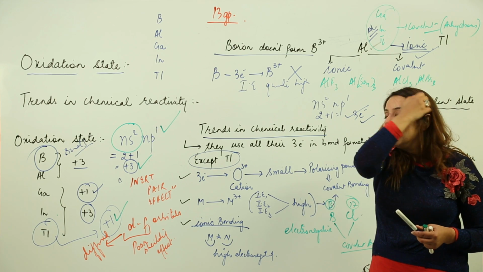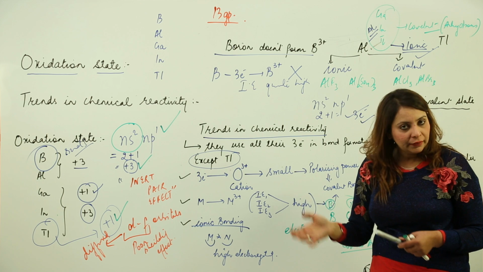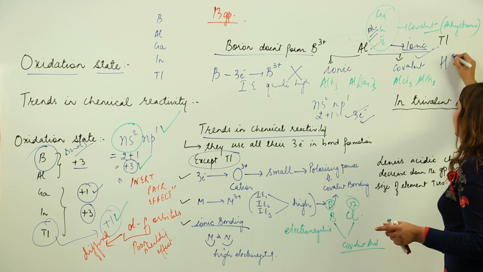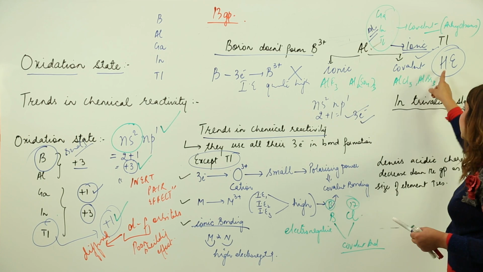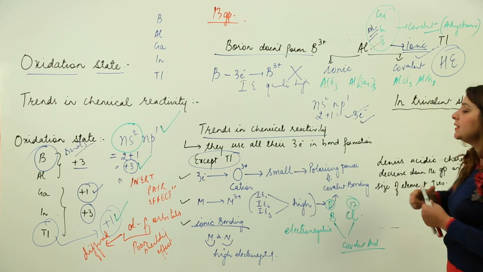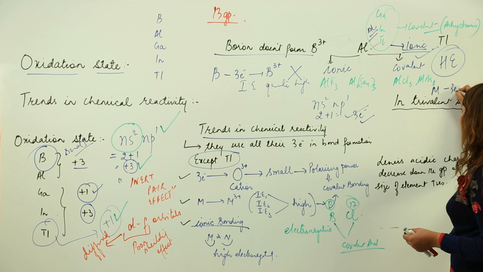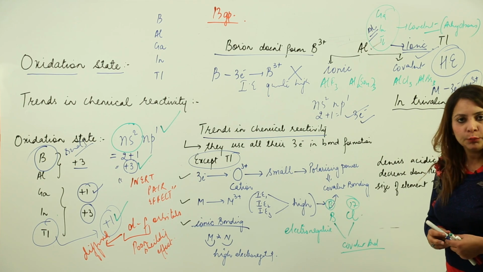So when we conduct the reaction in solution, they get hydrated to a great extent, and so they release more hydration energy. This energy is actually utilized for converting these metals, that means they can lose their electrons and convert into M3 positive.